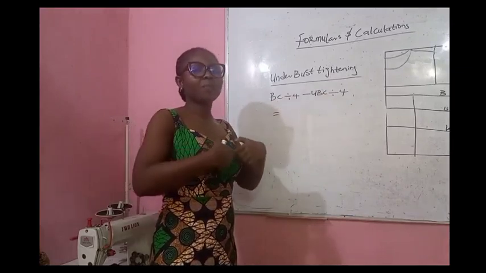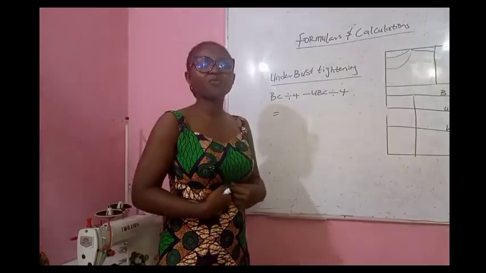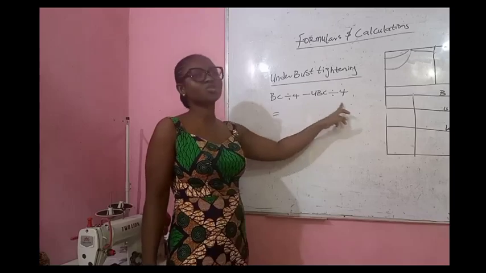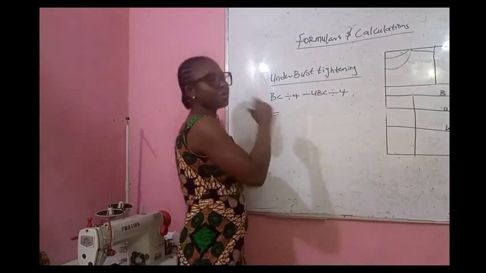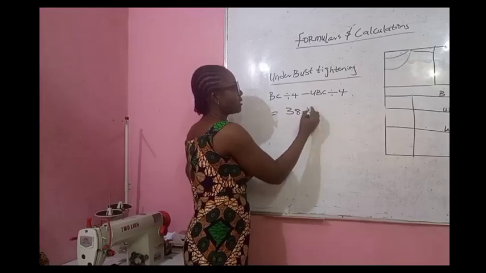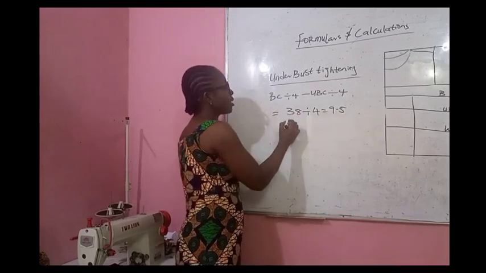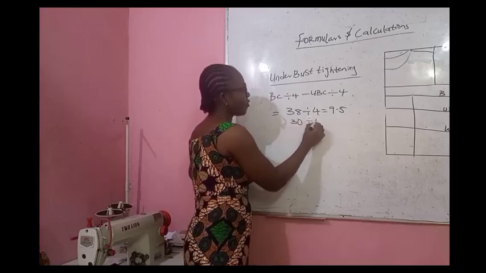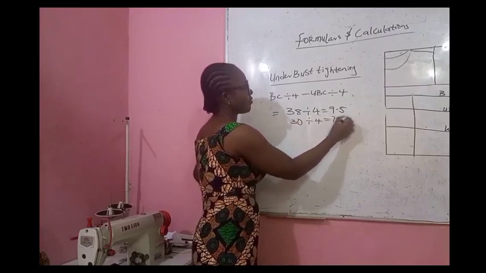So here we have our bust circumference, we're going to divide it by 4, and here we have our underbust circumference divided by 4. Now to impute this, we have 38 divided by 4, and that is going to give us 9.5, and underbust is 30 divided by 4, and that is going to give us 7.5.